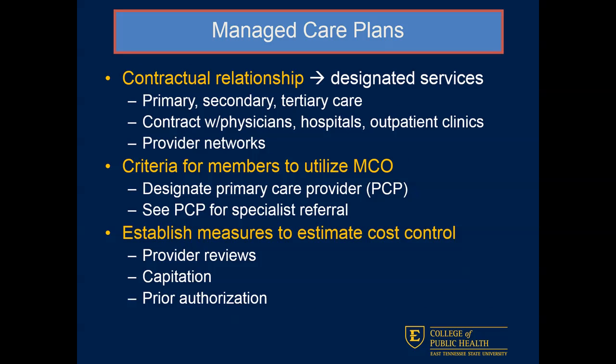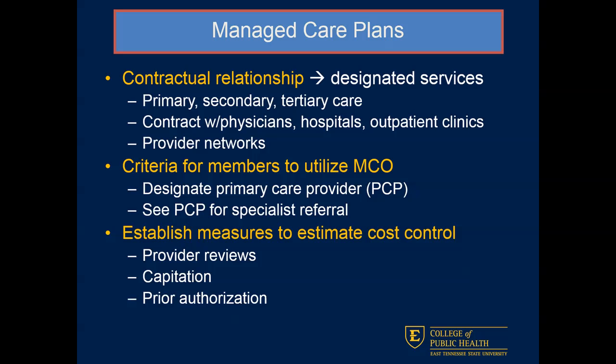So we've created these provider networks where these companies have gone out and contracted with different types of hospitals, different types of providers who have entered a contract with the managed care company saying, we will accept your terms and we will accept your patients into our facility or into our practice.